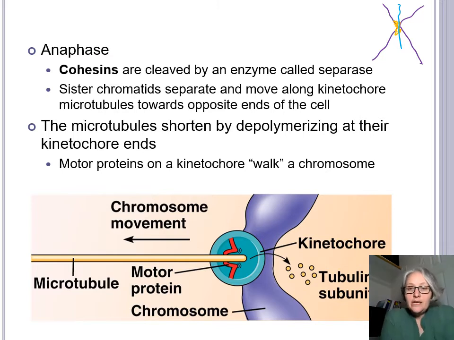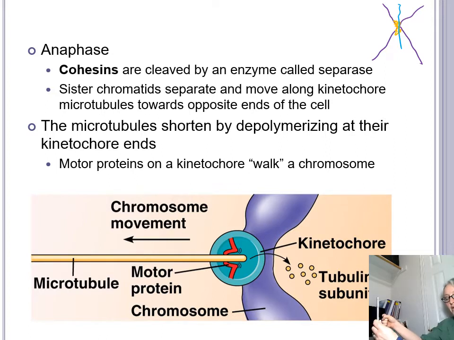It might be really easy to think that this happens in the following method. So let's see if we can do it with my hand. Maybe this way. If my hand was a microtubule and my pencil here was a sister chromatid, it might make sense to your brain to think, oh, the microtubule grows out, it grabs onto the piece of DNA, and then it pulls the DNA to the opposite side of the cell.